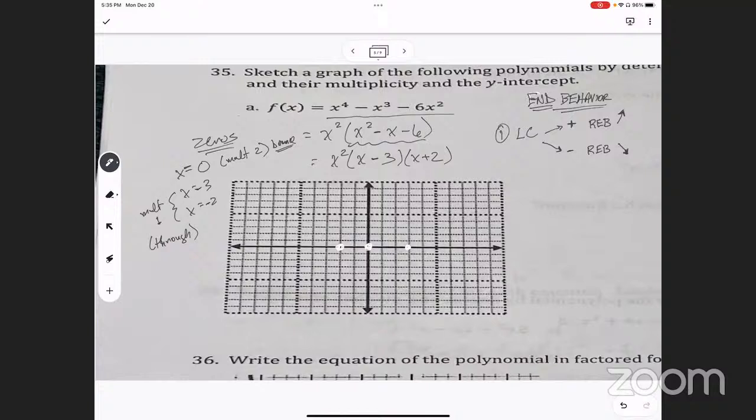Look at your leading coefficient. That's the first step. If it's positive, then the right end behavior is up. If it's negative, the right end behavior is down. Step 2, look at your degree.